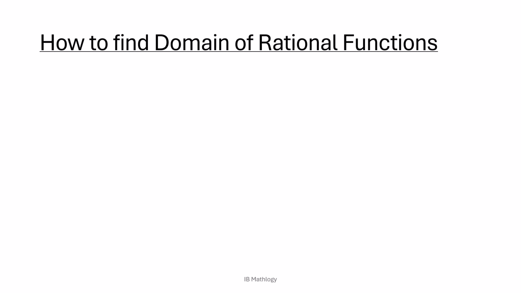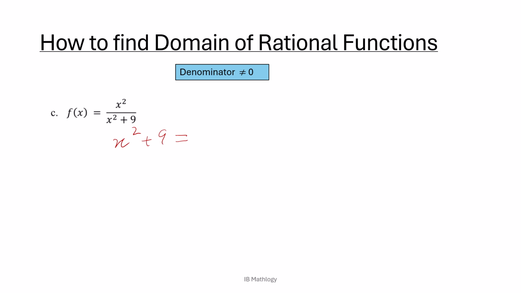Let's see some more examples on rational functions. The rule will remain the same. Let's take this example of x² upon x² + 9. So we can write that x² + 9 cannot be equal to 0. But what is important to note here is that since x is a squared number, we can put any x value in the function, because it will never lead to an answer equal to 0.